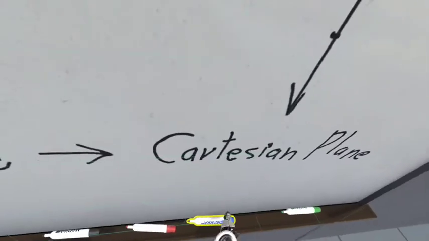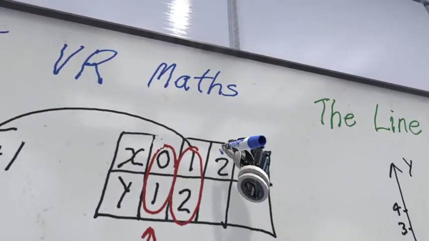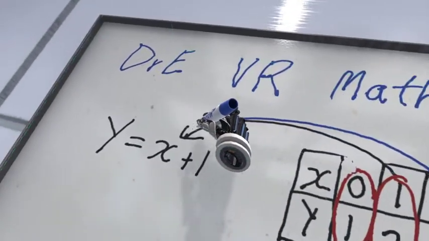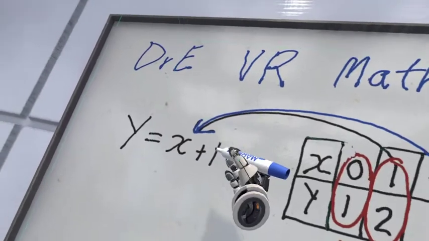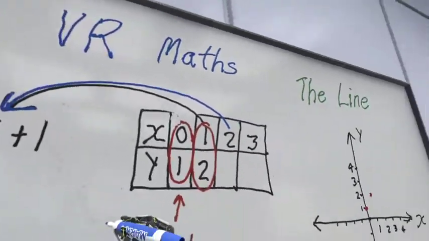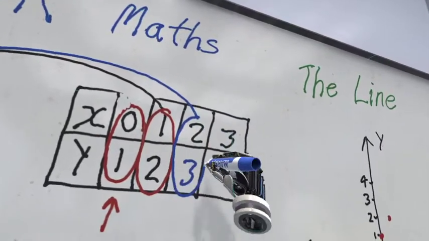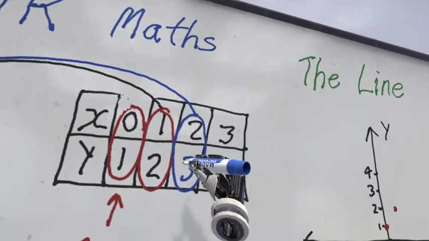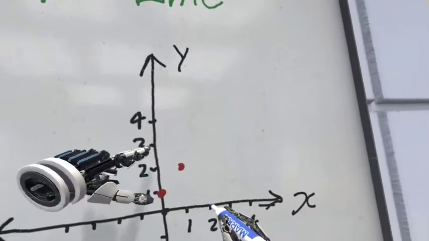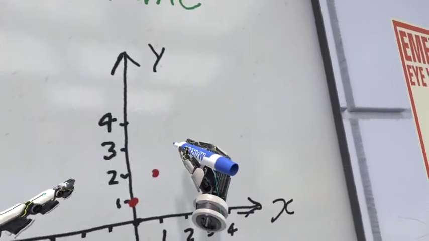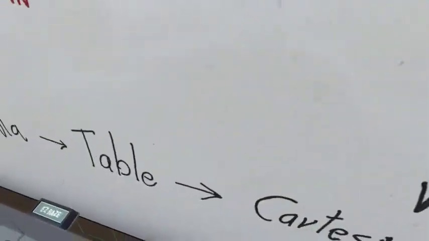And let's do another one in blue. So now we're going to put in 2. 2 plus 1 is the Y value, 3. So that's another point, 2, 3. So 2 is the X value, and the Y value is 3. And you can start to see that pattern happening.